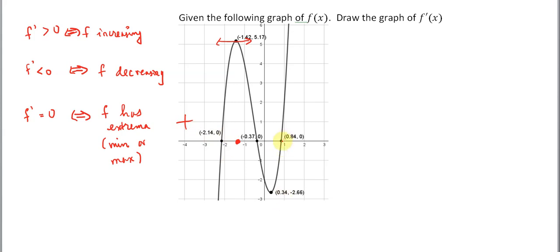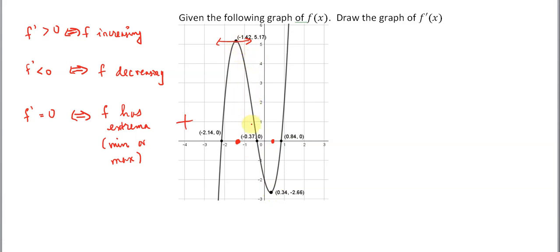Okay. We look at the other extrema of f. It's down here. And so that means there must be another x-intercept. F prime must be equal to 0 when x is equal to 0.34. And you can see here that between these two red dots, between negative 1.42 and 0.34, f is decreasing.